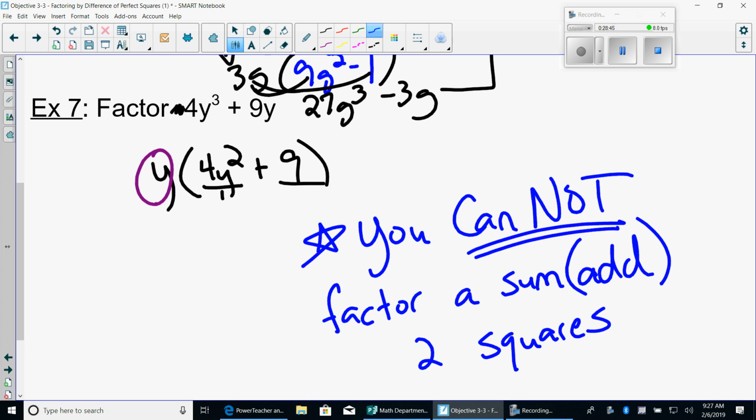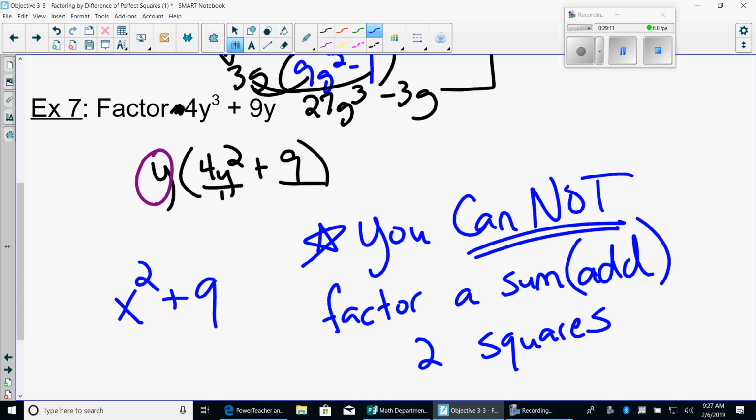It is just absolutely not possible. That puzzle will not break apart. You can't ever get the middles to cancel and get the end to be a positive. It just won't work. There's no way you could do it. So like on the test, if you have x squared plus 9, and it says factor that, what would you say?